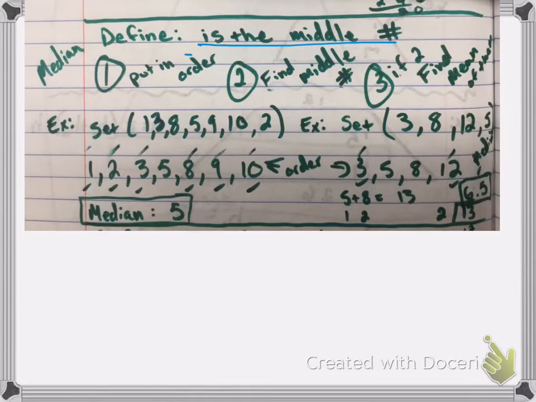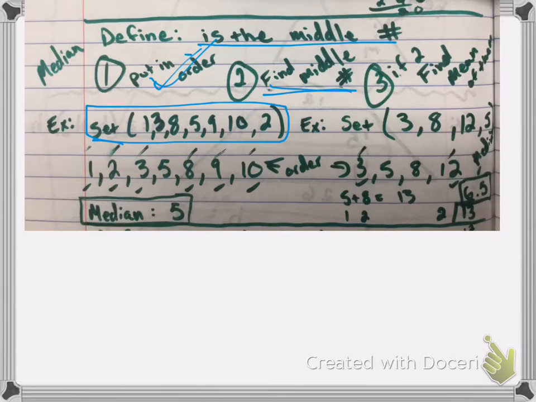I've got this set of numbers: 1, 3, 8, 5, 9, 10, 2. I did step 1. I put them in order from least to greatest. Step 2, I need to find the middle. Here's how I like to find the middle.